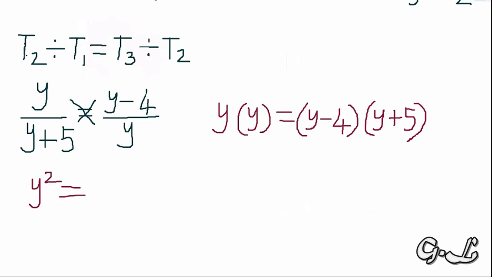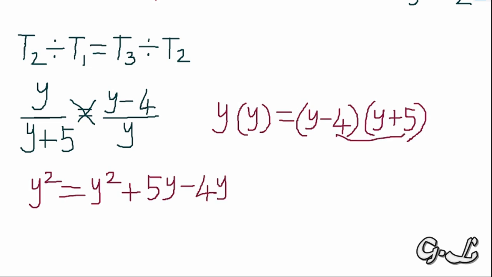Y times Y is Y squared, and Y times Y again is Y squared. Y times positive 5 is 5Y, and negative 4 times Y is negative 4Y, and negative 4 times 5 is negative 20. That is how it is.